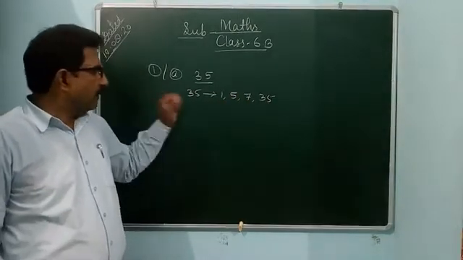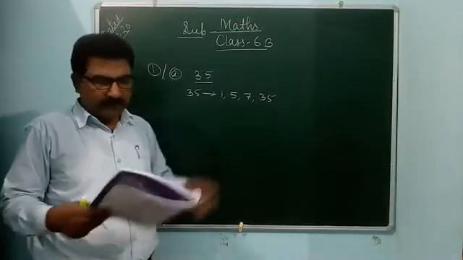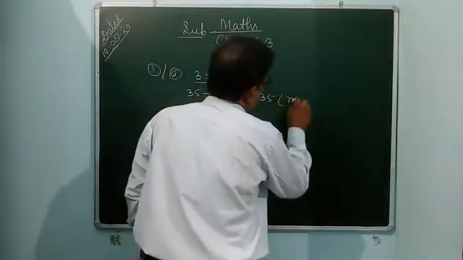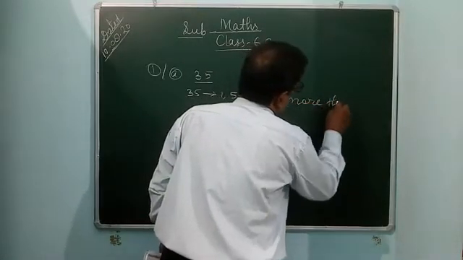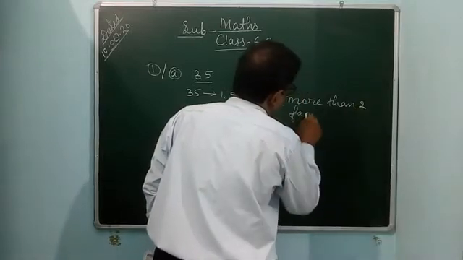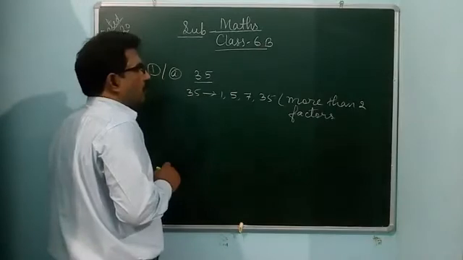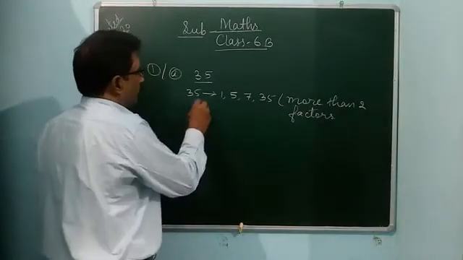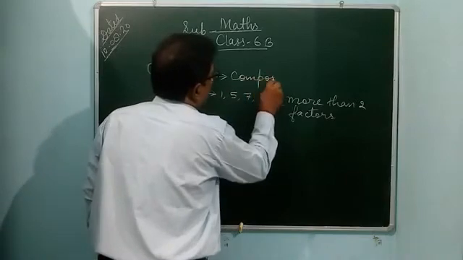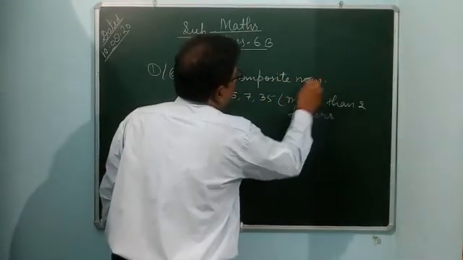In this way it has more than two factors. So 35 is a composite number.